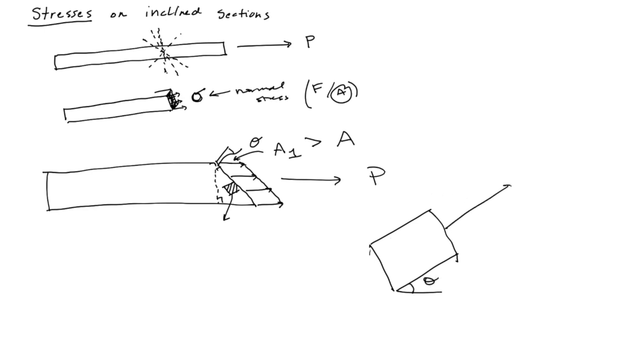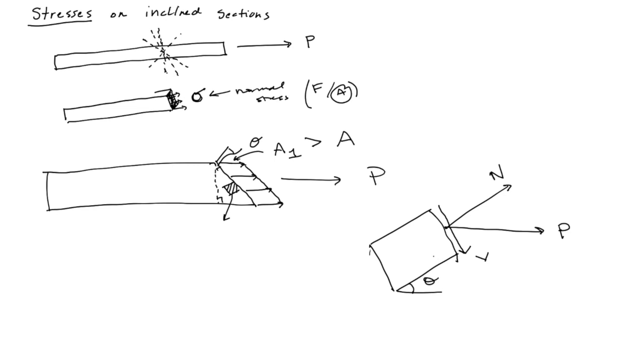We have our resultant force, magnitude P. And then if we take this resultant force, which is a vector, and decompose it into two vectors that are perpendicular to one another, this one we'll call N, and this one we'll call V. So these are the components of P, of the applied force, in the coordinate system, or the vectors that are normal and tangent to the cut plane.